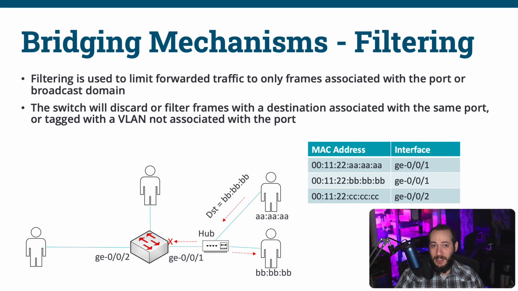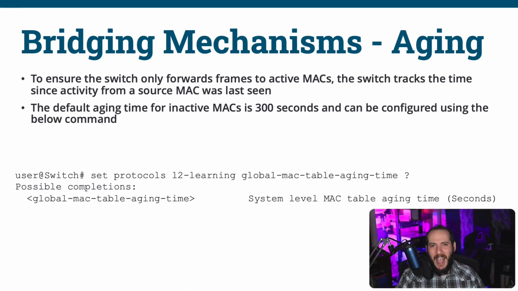Now that we know how the flooding and filtering mechanisms participate in bridging, let's take a look at the last mechanism, aging. The aging mechanism is used to ensure the information stored in the bridging table is fresh and relevant. This makes sure the switch does not continue forwarding frames out an interface where a destination MAC address no longer lives.